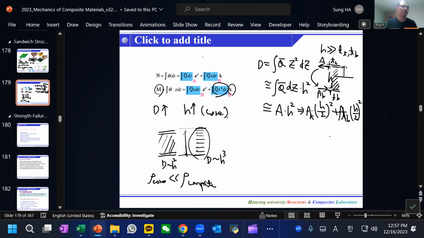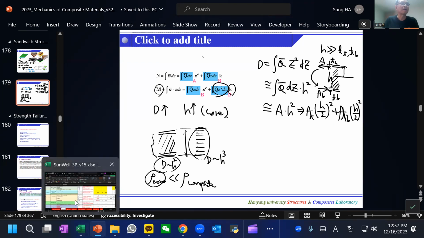So again, the core's density is very low, and the price is relatively very cheap, and still, structurally, the bending stiffness is a lot increased. It is very effective for increasing the stiffness, bending stiffness. Okay.